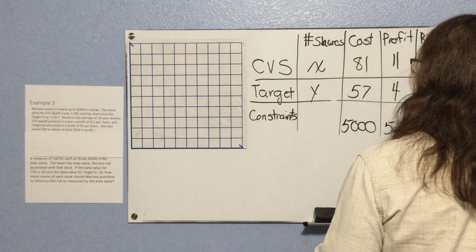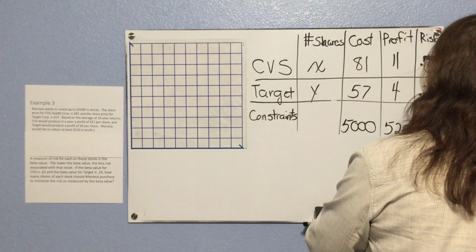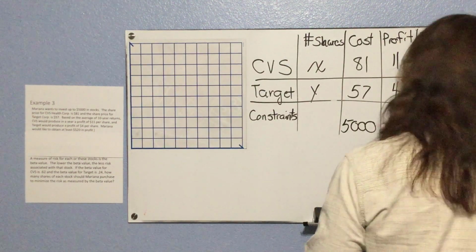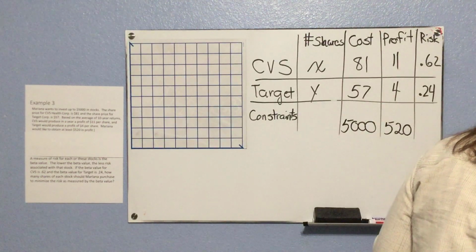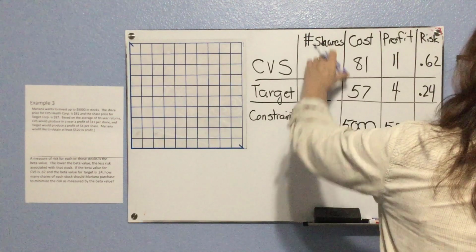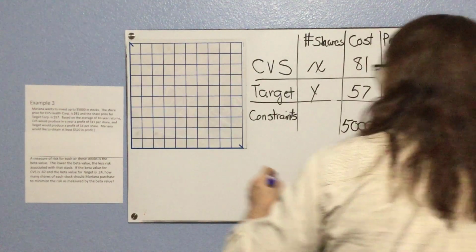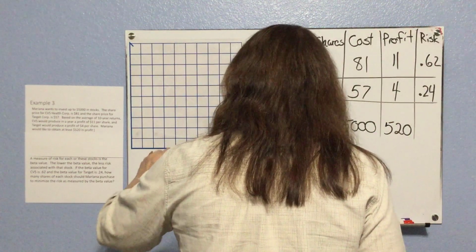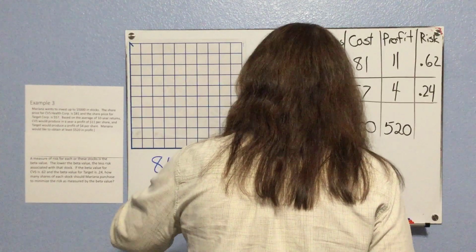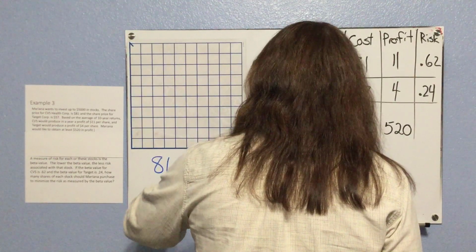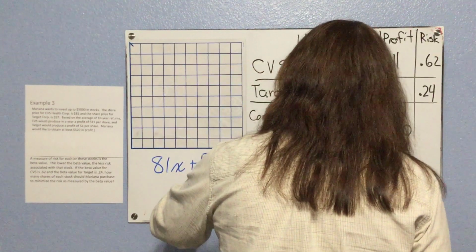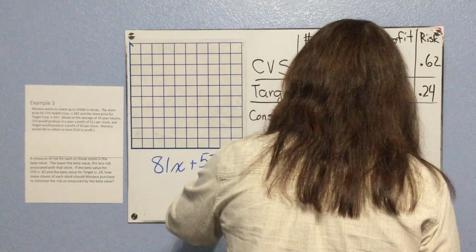So let's write some inequalities. Okay, I don't have any constraint on how many shares I can buy, but I do know that 81x plus 57y has got to be less than or equal to $5,000.